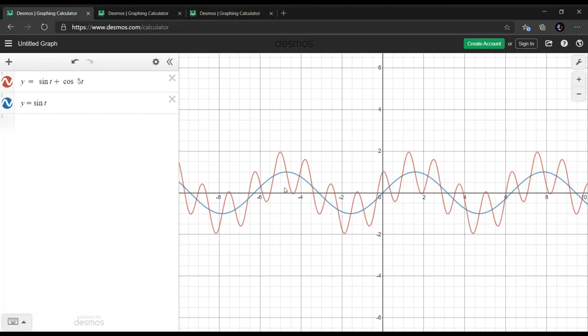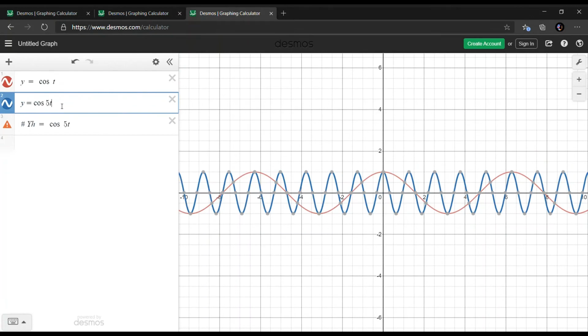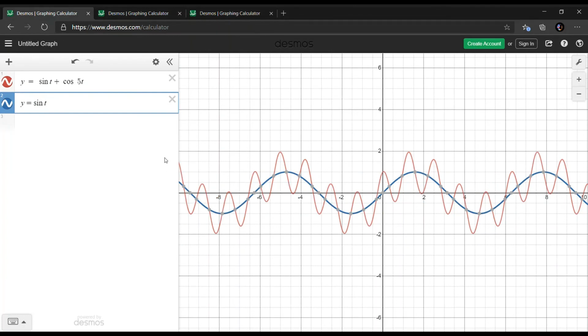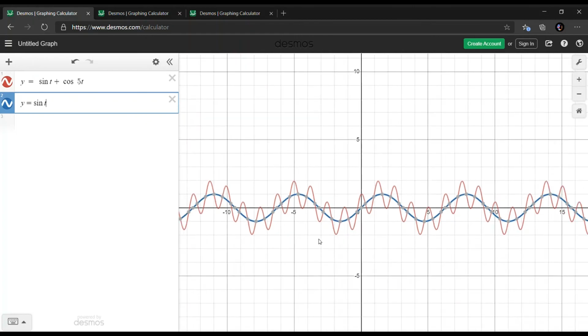Oh, and the amplitude of this graph is 1, and the amplitude of sine t is also 1, and the amplitude of cos 5t is also 1. So that is one notable thing. And since the damping constant in the given equation, that is the coefficient of y', is 0, they're going to continue till infinity.